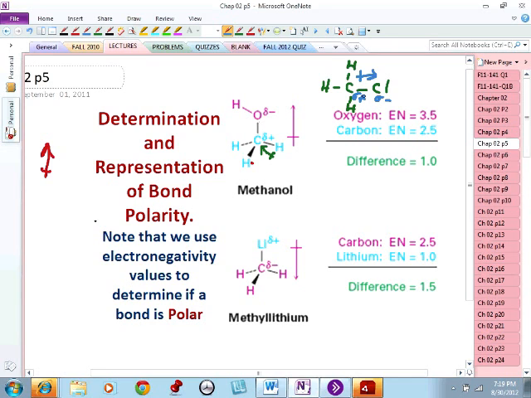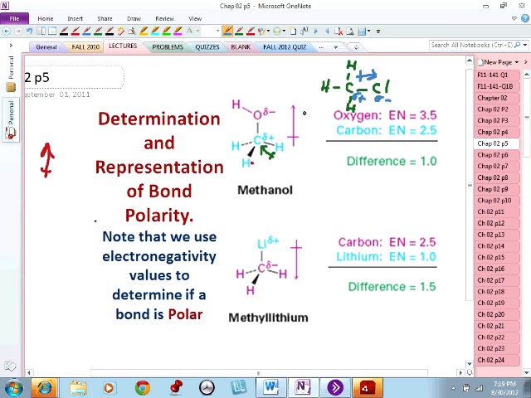Now, so far we have discussed polarity of a bond between two atoms. We could also think of polarity of the whole molecule. Bond polarity simply means uneven distribution of electrons.